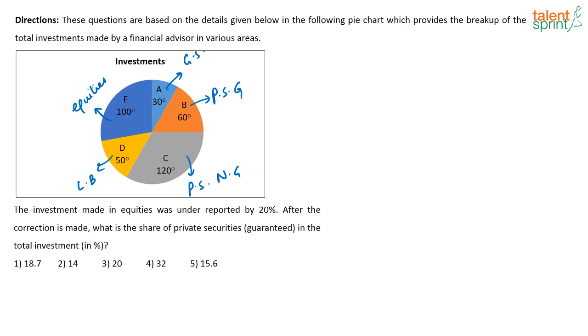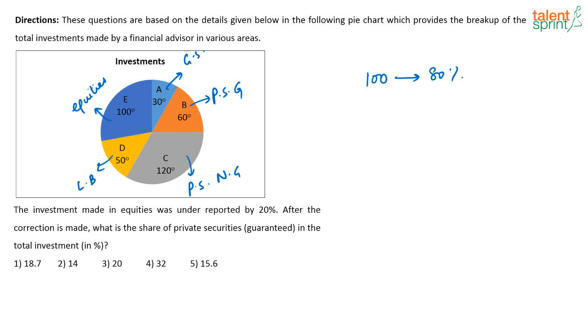If I say that total investment is 360, out of that how much is in equities? 100 is in equities. But it is given that the investment made in equities was underreported by 20%. So this 100 that is given was actually only 80% of the investment that was made in equities.